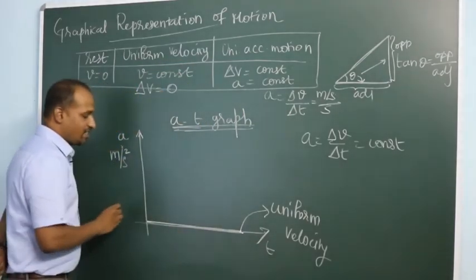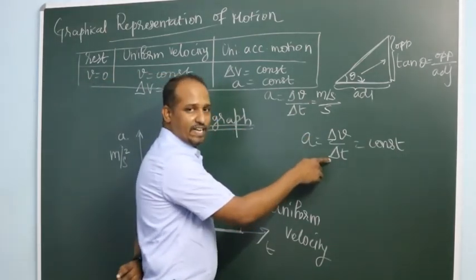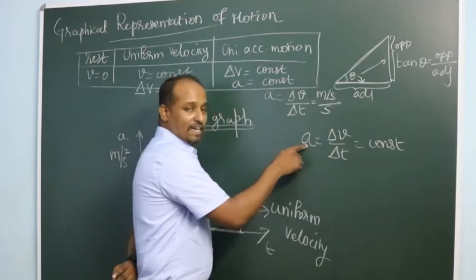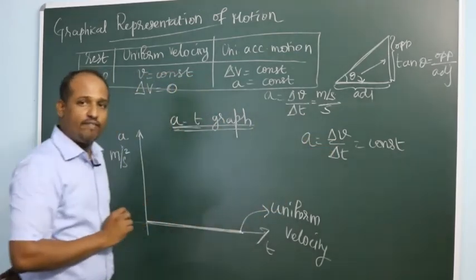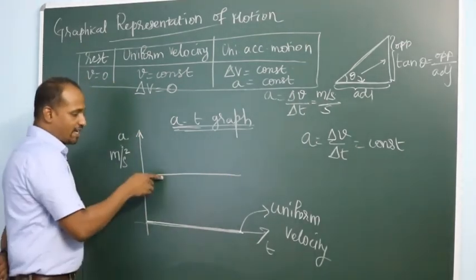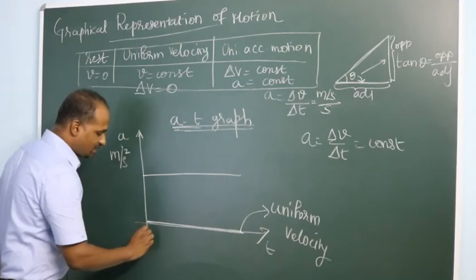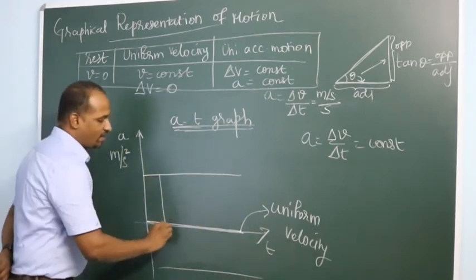Because acceleration is defined as change in velocity by time, and velocity is a vector quantity, acceleration is also a vector quantity. So a positive constant acceleration can be shown like this, a negative constant acceleration can be shown like this. What if you find the area?